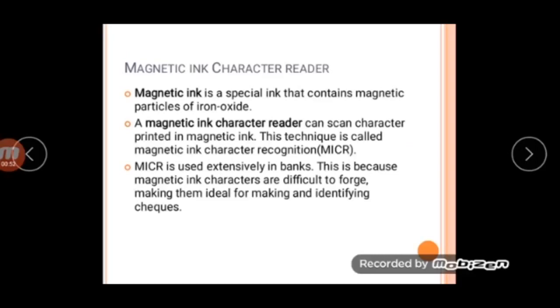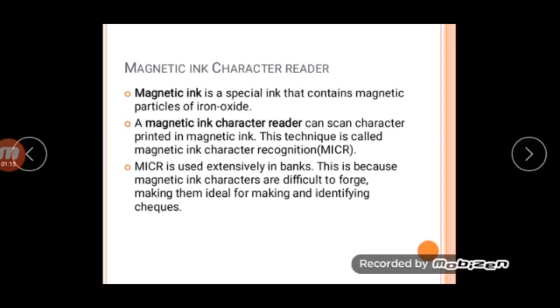Now the next is magnetic ink character reader. A magnetic ink is a special ink that contains magnetic particles of iron oxide. A magnetic ink character reader can scan characters printed in magnetic ink.